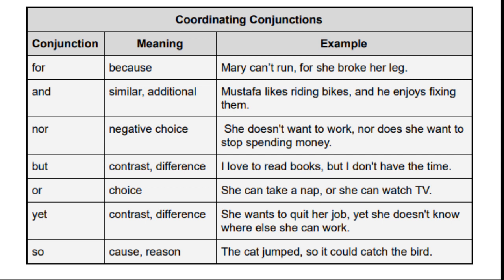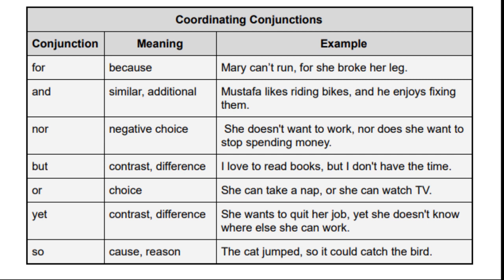Yet shows contrast or difference. She wants to quit her job, yet she doesn't know where else she can work. Yet also is not used as often as but, because that also shows contrast, and we use but more often than yet. So shows cause or reason.